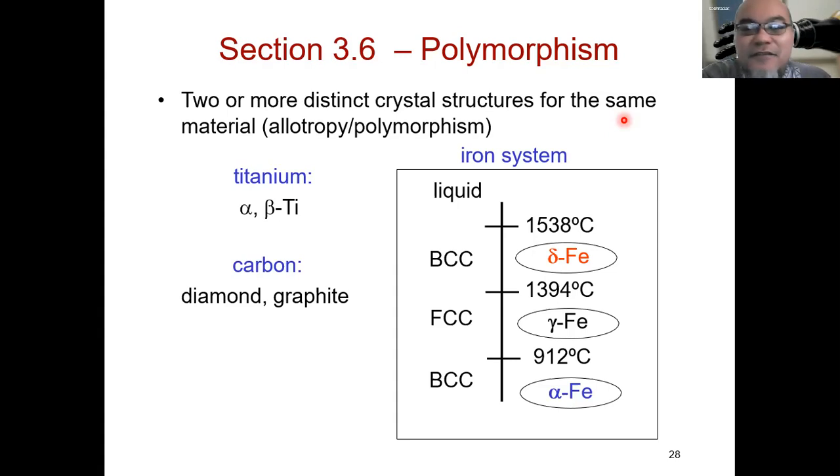Allotropy is basically polymorphism. Polymorphism is when you have the same chemical formula for a material, in Andy's and Angeli's case it was carbon, right? But in their case it was graphene.